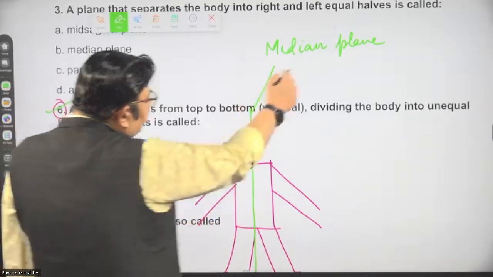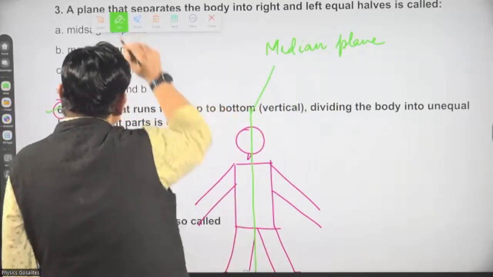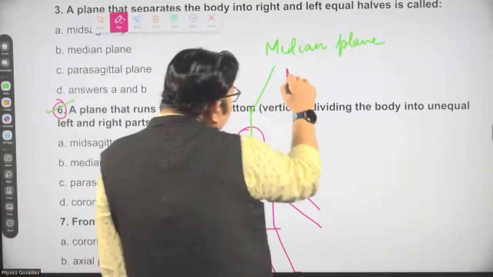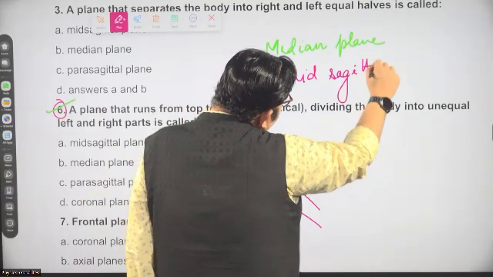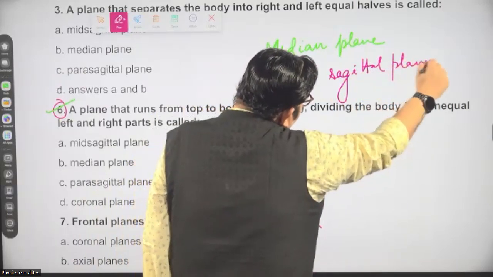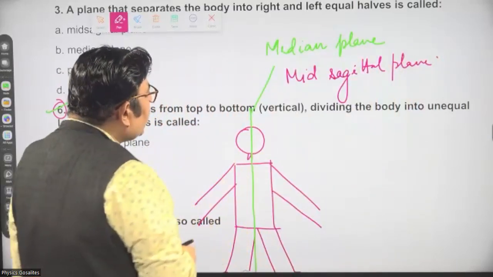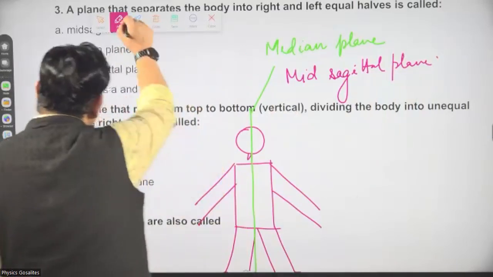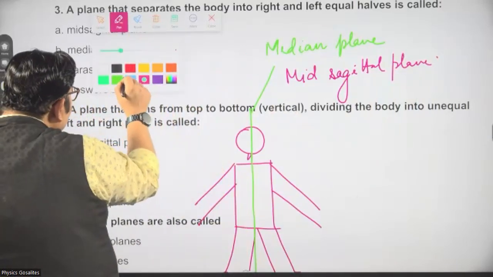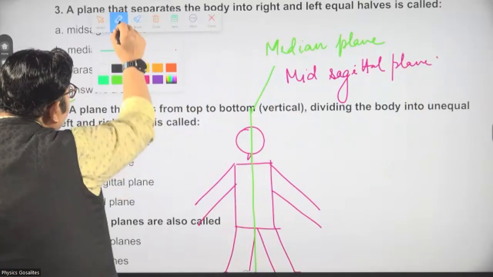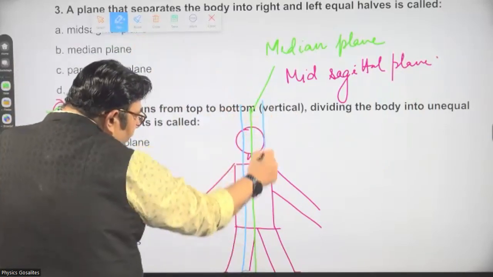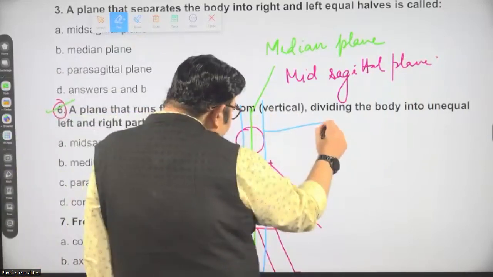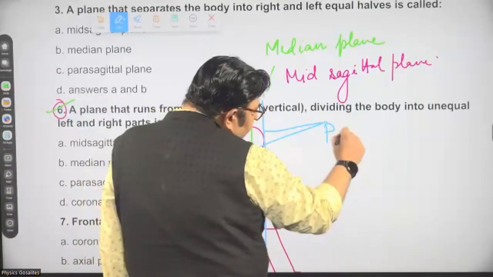This is the mid-sagittal plane or the median plane. The median plane can also be called the mid-sagittal plane. And any plane which is parallel to the median but not running from the center, what should we call it? This is parasagittal.